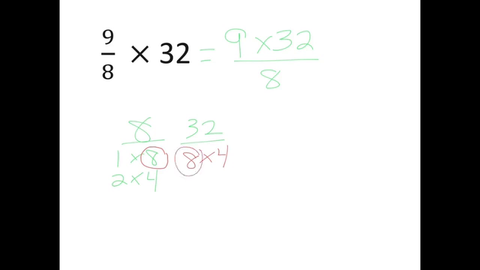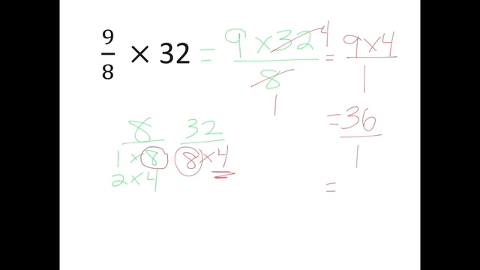So 8 and 32 are both going to share the number 8, and we're going to divide each number by 8. So 8 divided by 8 is 1, and 32 divided by 8 is going to give me 4. So now we've got 9 times 4 over 1. Hopefully you can quickly understand that 9 times 4 would give me 36, which is 36 over 1, which is technically 36 divided by 1, which is 36.